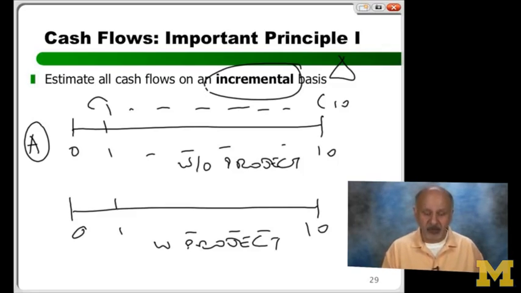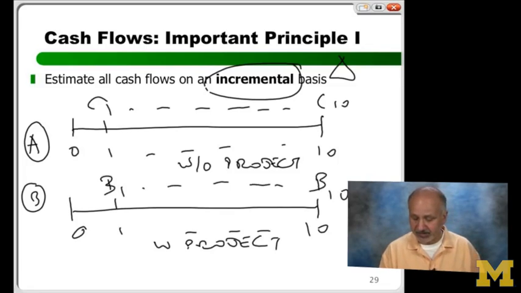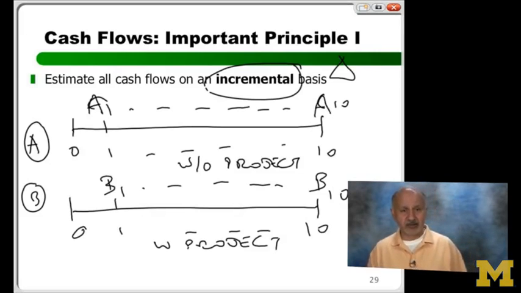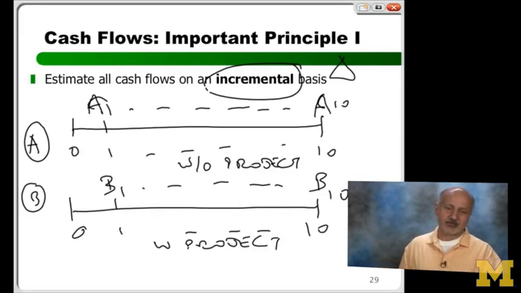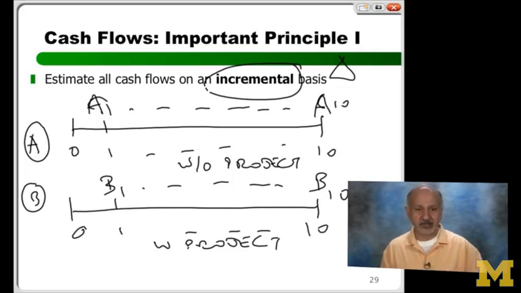Now do it with the project, and you'll have a line B with numbers here. Let's call them for the simplicity's sake, B1, B10. You can call this actually cash flows A1, A10, if that makes you happier. But remember, A's and B's are just signifying the cash flows of without the project and with the project.